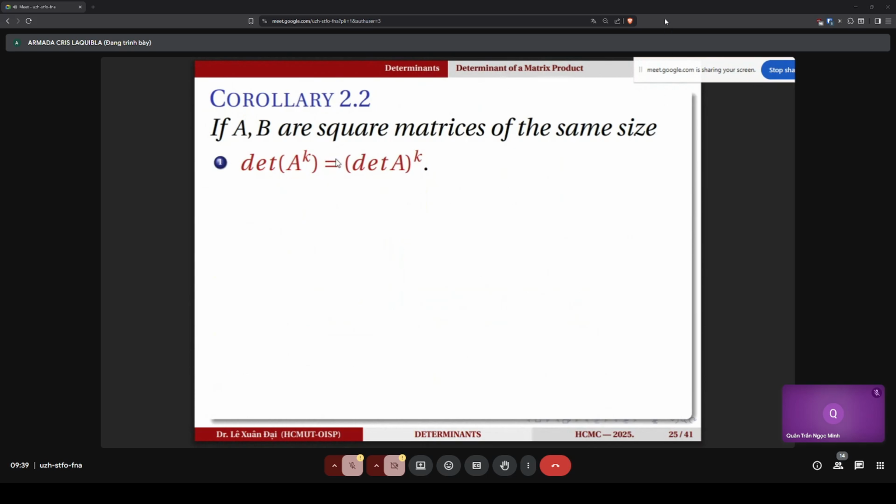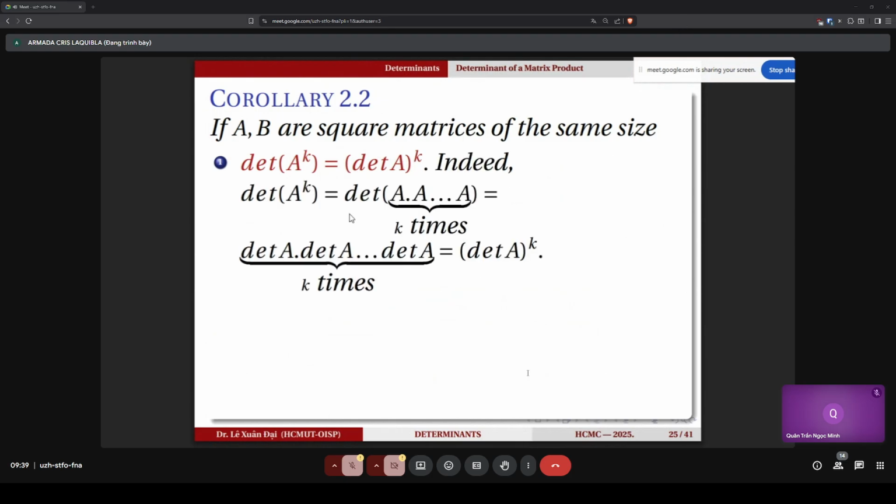Okay, next you have this one. If A is a square matrix, the determinant of A to the power of a number k is equal to the determinant of A to the power of k. So it looks like the exponent, you can write it outside the determinant of A. The reason is this: determinant of A to the power of k means determinant of A times A, where A appears k times.